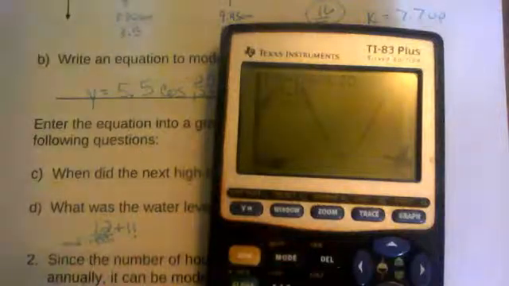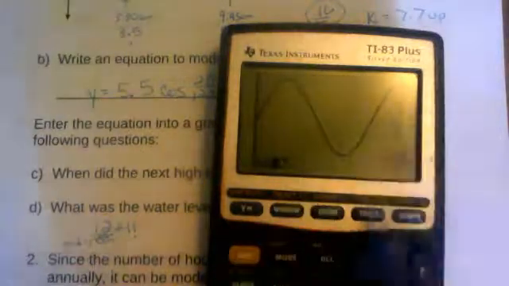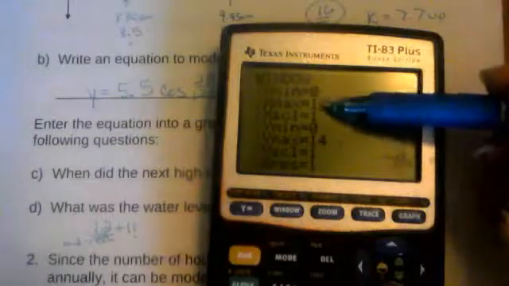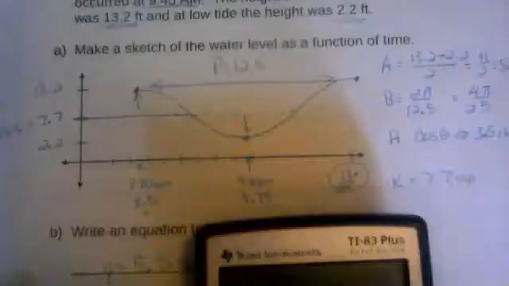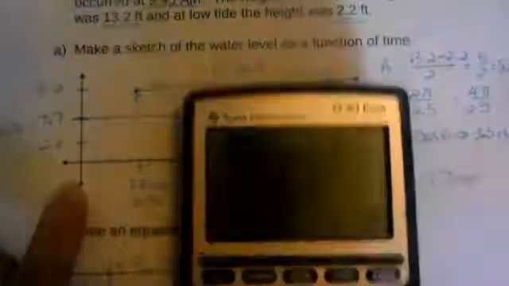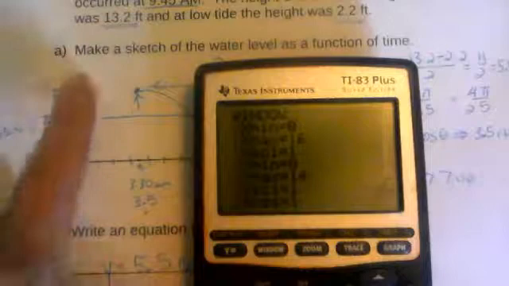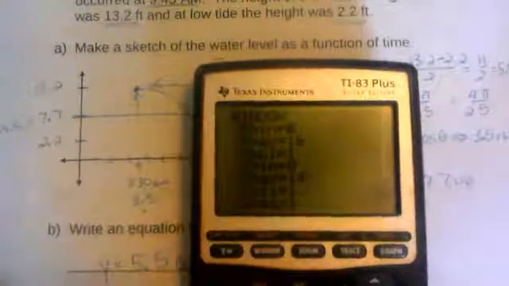Oh, I see what my problem is. I didn't even show you guys this. I went from 0 to 16 because I wanted it to match my paper, 0 to 16 on my x. And for my y, I went 0 to 14. I kind of went a little past 13, because it was a decimal.